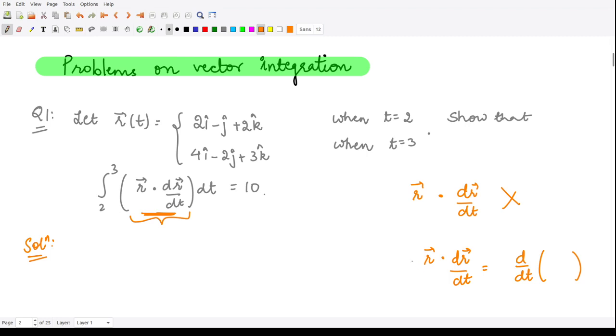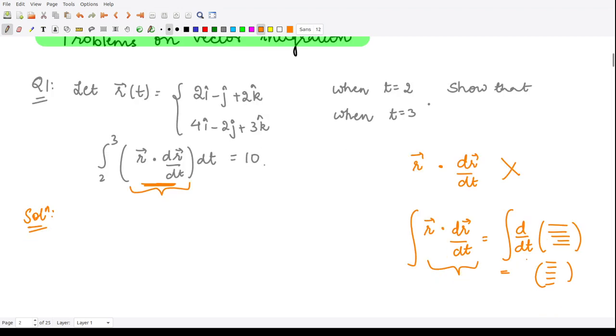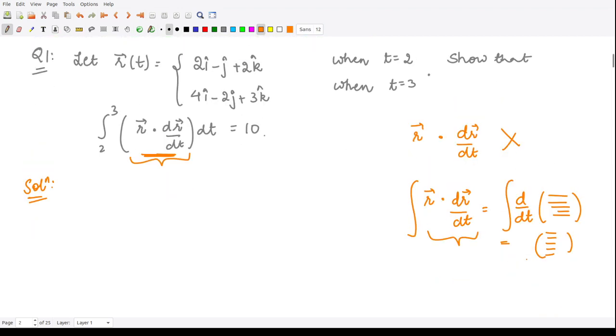Then whenever I take the integration of this quantity, I will get that other function as the integration. So it would be much easier if we can write the vector r dot dr by dt as the derivative of some other function. So let's see how we can do that.